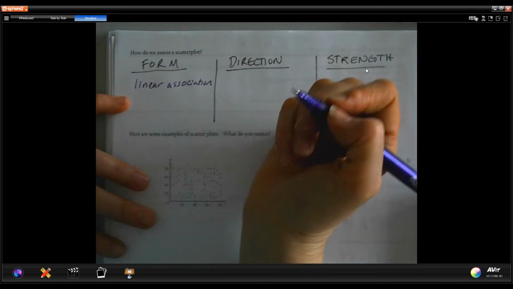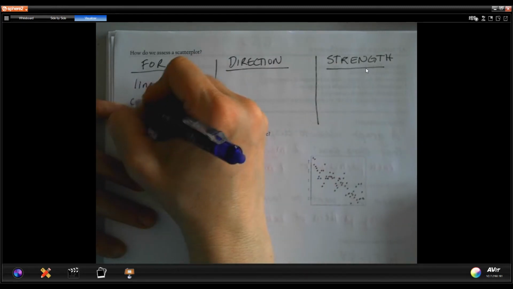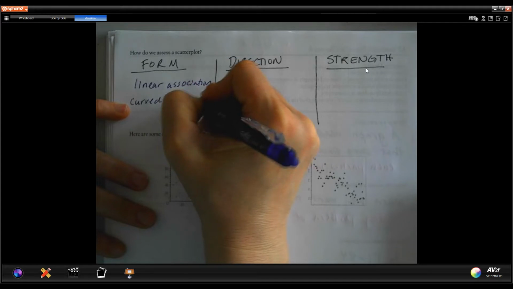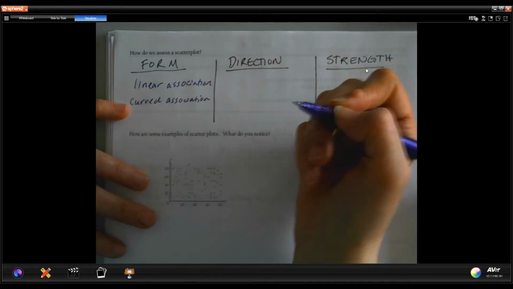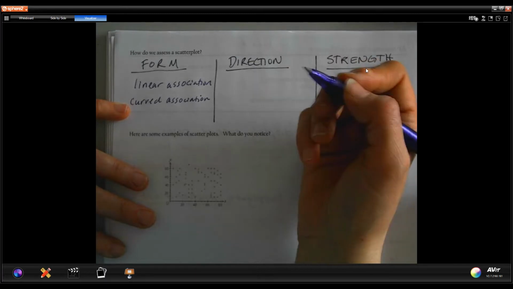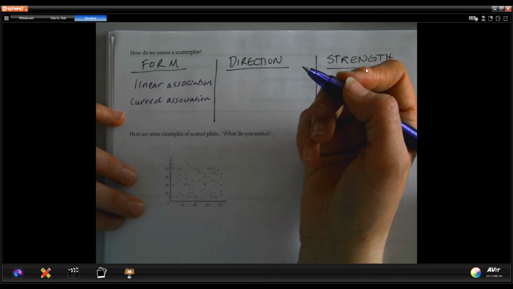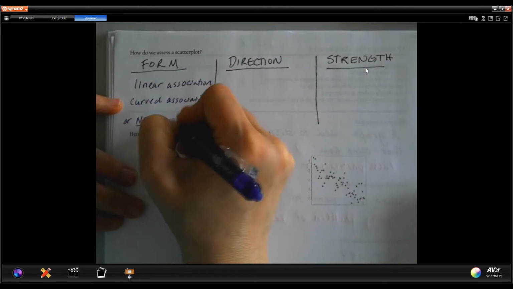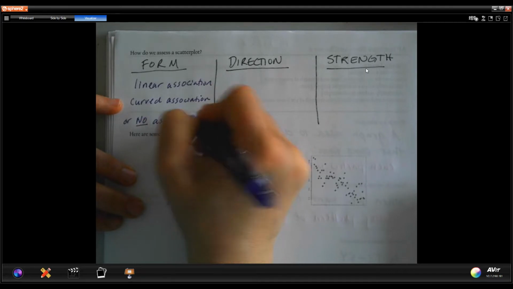If it's not linear, but there is a pattern, we might say it's a curved association. That could look a lot of different ways. It could look exponential, it could look quadratic, it could look something else that's just a pattern, but not a straight line, it's curved instead. Or we could say there is no association, which means it looks like there is no pattern.